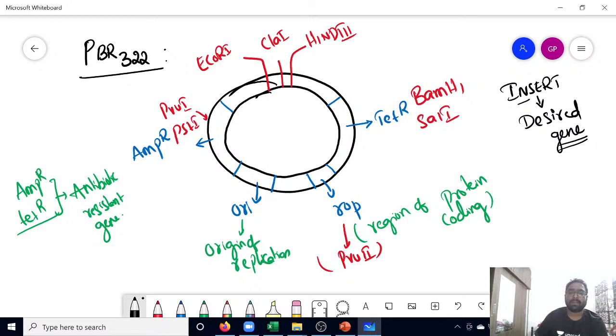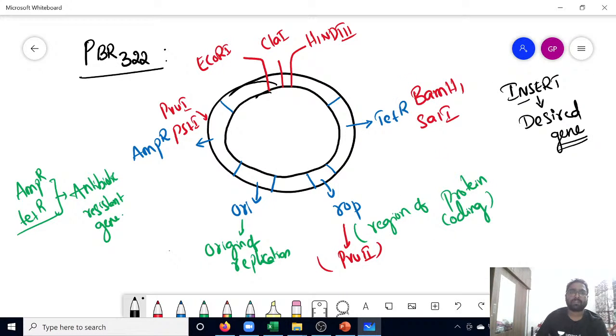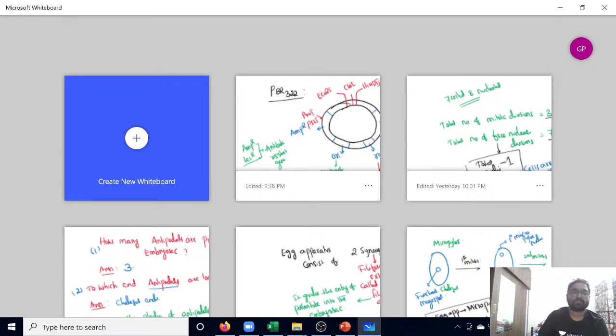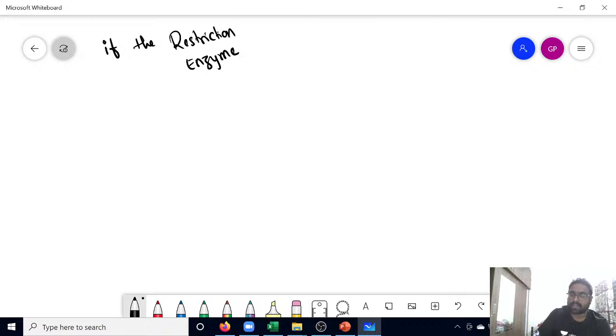So I repeat again, I will take another slide now. Suppose the restriction enzyme I used is BamHI.